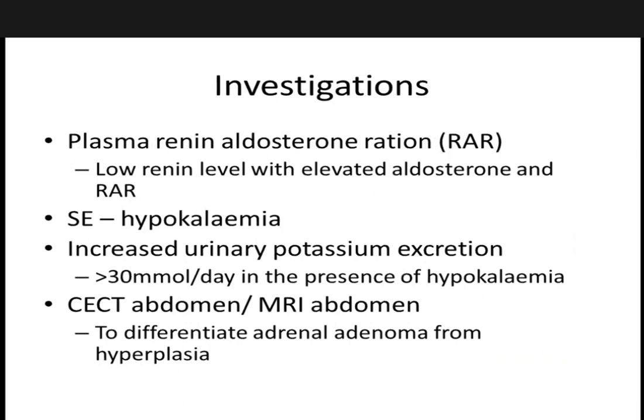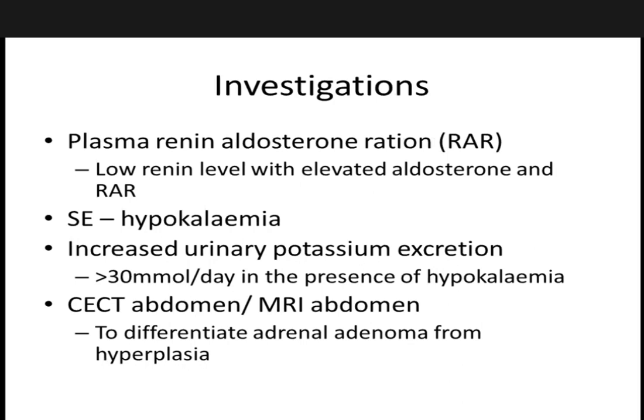So how are you going to investigate for Cushing syndrome or primary hyperaldosteronism? Right. The basic investigation which we do is the plasma renin aldosterone ratio. They will have low renin level with elevated aldosterone and an elevated renin aldosterone ratio.